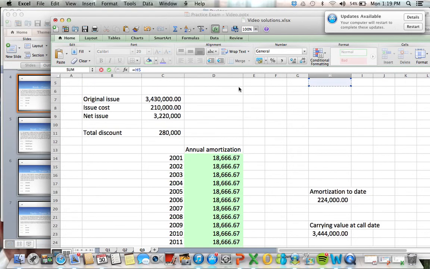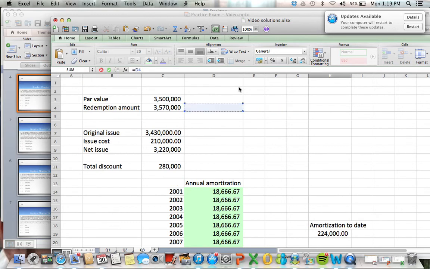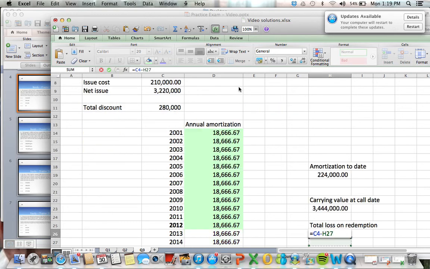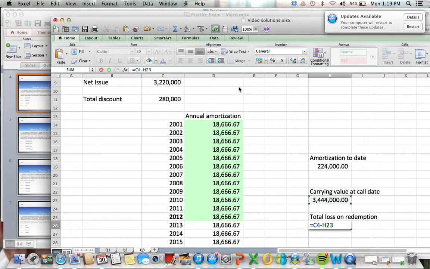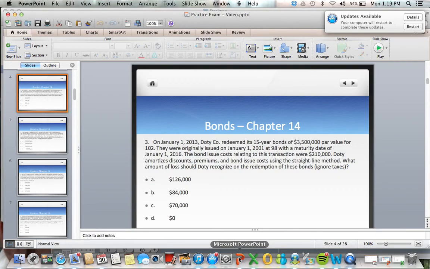I believe they paid 102, and the carrying amount of the bond was 3,444,000. So I'm seeing this loss here because they just overpaid. They paid more than the bond was going for out in the market. So going back here to the PowerPoint, the loss is 126,000, ignoring taxes, and the answer is A.